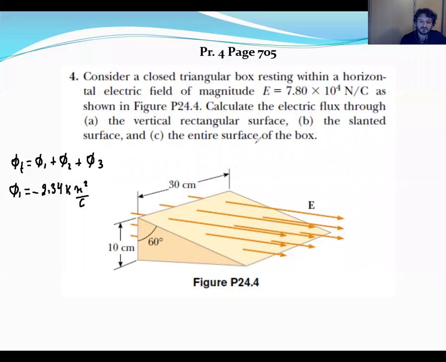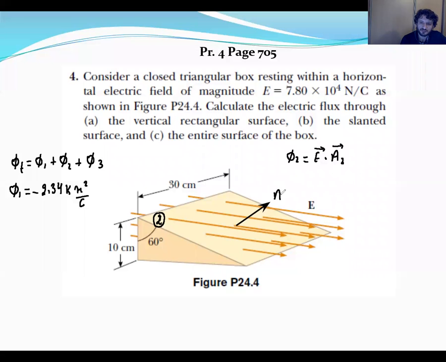Now I want to calculate the flux through the inclined side, let's say side 2. In general, flux 2 equals E dot A2. E is in the horizontal direction and A is perpendicular to the plane.